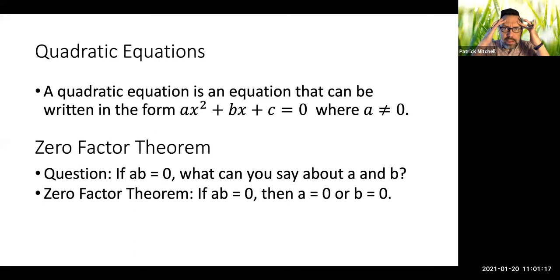If I'm thinking of two mystery numbers that multiply to 7, you might be tempted to say the numbers are 7 and 1, but they could be 1/2 and 14, couldn't they? But if the product of those two numbers is 0, I automatically know at least one of those numbers is 0. And we're going to use that fact to solve our quadratic equations.